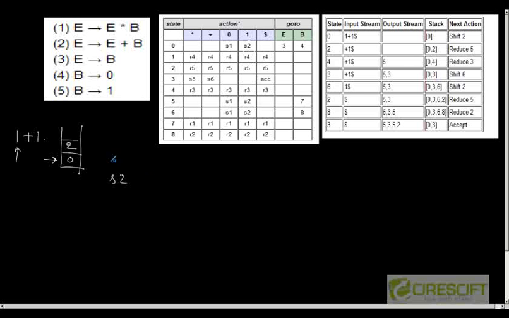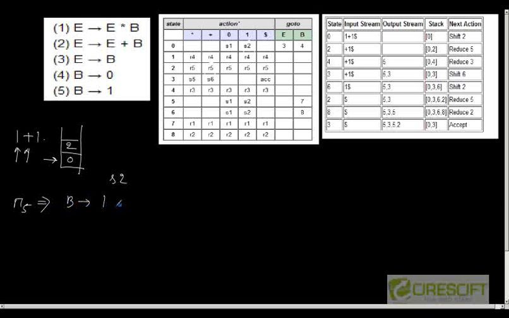Now based on state 2, I move the tape pointer. There will be plus now. As soon as I find plus and the state number is 2, I go for reduce by rule 5. Rule 5 means B equals 1.